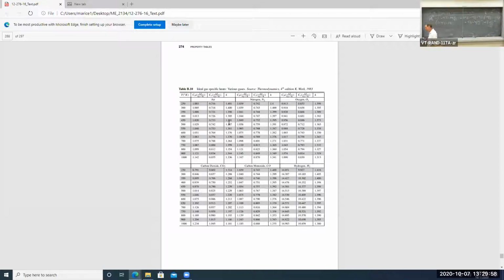It relates pressure and temperature at some initial and final state for an isentropic process. So let me write right next to this equation: T2 over T1 equals P2 over P1 to the 1 minus 1 over k, okay?